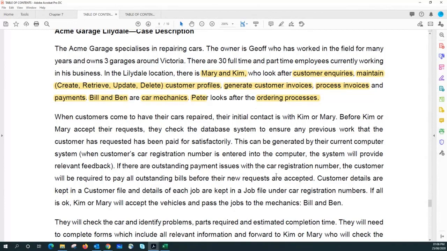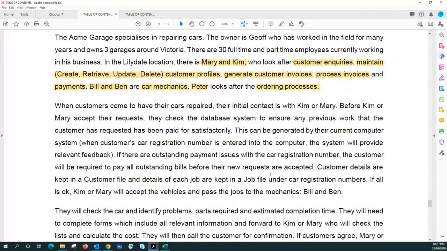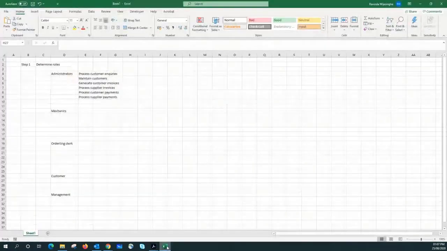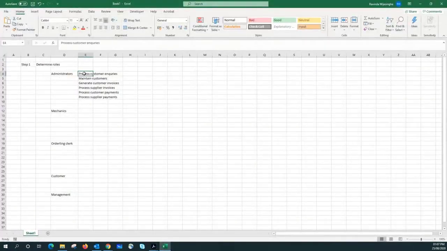This can be generated by their current computer system. When the customer's car registration number is entered into the computer, the system will provide the relevant feedback. Okay, so that can be handled by this use case, process customer inquiries.